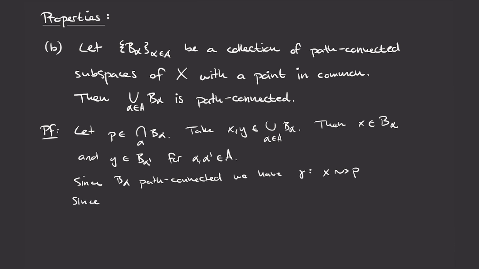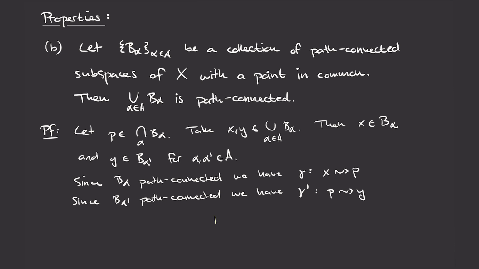And since B alpha prime is also path connected, we have a path, which I'll call gamma prime, which goes from this point P, which lies in all the B alphas, to Y. And well, now you see what we would like to do. We would like to first do the path gamma going from X to P, and then do the path gamma prime from P to Y to get a path going from X to Y.